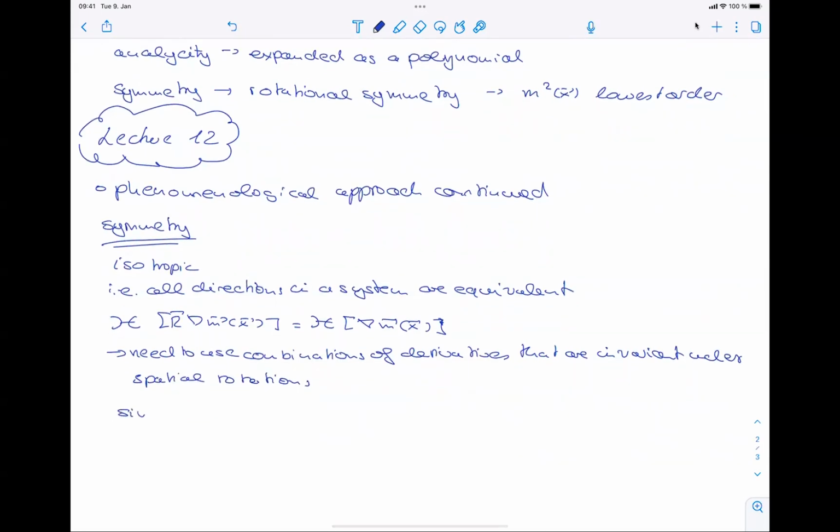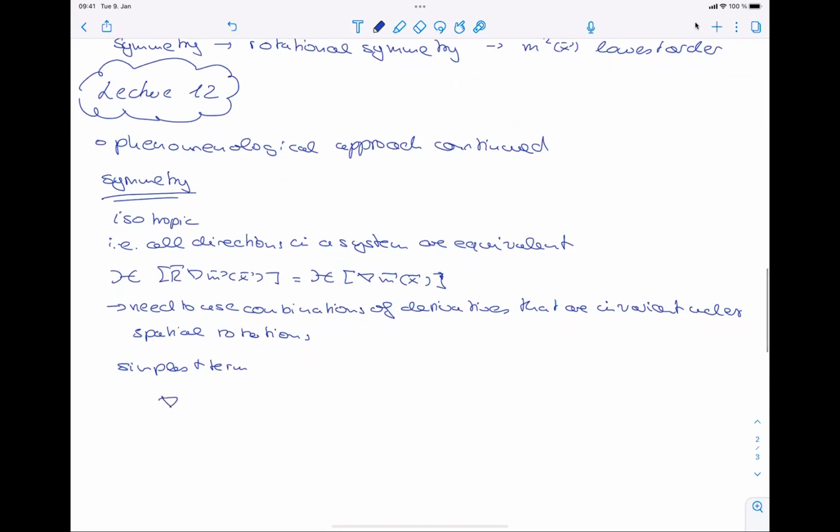And so the simplest term would then be a square, which in Einstein notation actually means that I'm summing over all dimensions, alpha equal 1 to d, and then I have derivatives in all directions of the different spin magnetization fields.